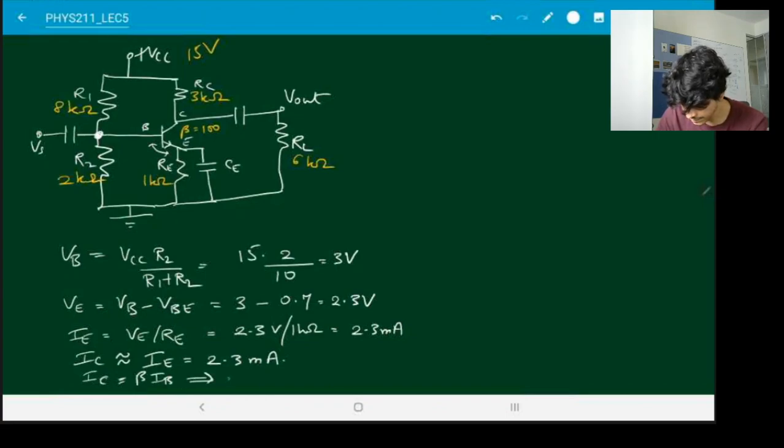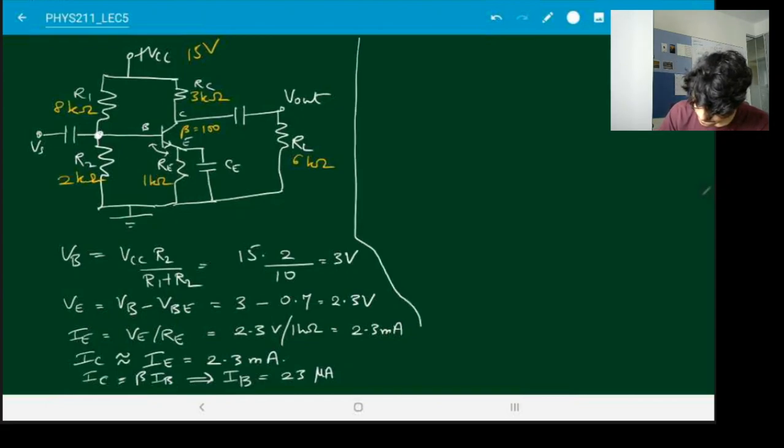So if beta is 100, then IB is going to be IC divided by 100. So 23 microamperes. So that's how small the base current can get. Okay, anyway, we have IE. That is all we wanted.